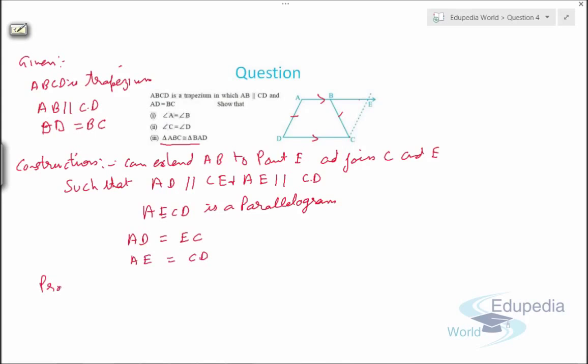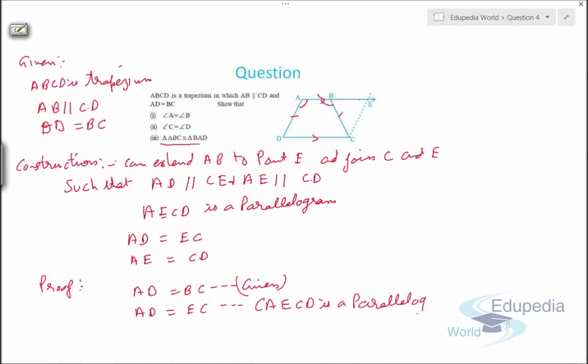So let's discuss the proof. The first part is we need to prove that this angle equals this angle. Now, it's given AD equals BC, and AD is also equal to EC, and this is because AECD is a parallelogram, right?